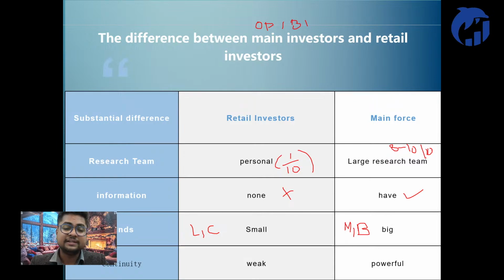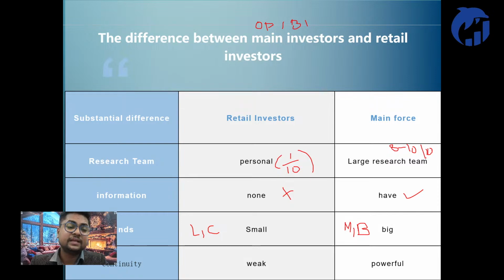If we talk about continuity, retail investors' continuity is very weak. Retail investors can only sustain it for one or two days, but they cannot push the market continuously. That's the main thing we have to understand.